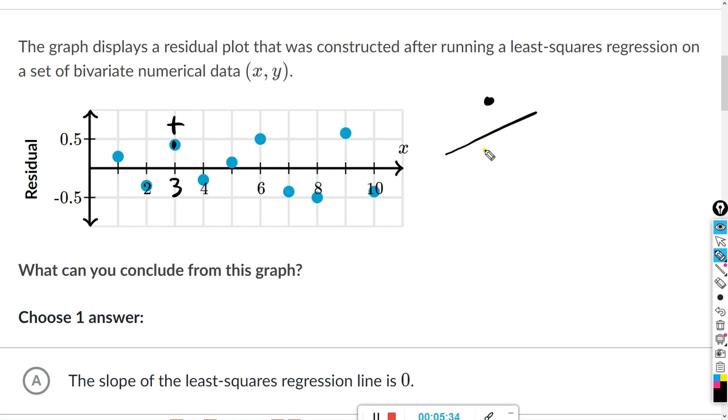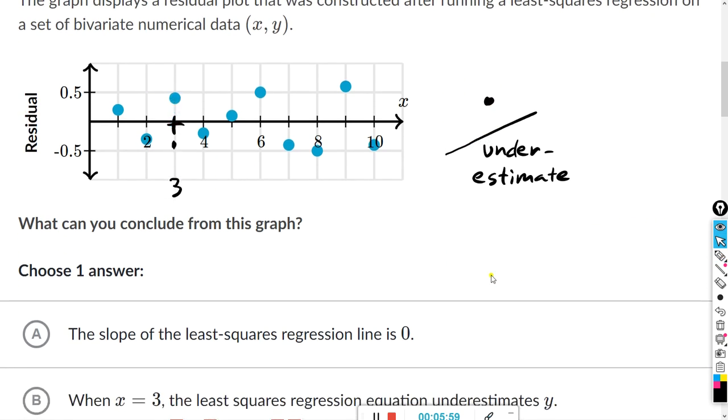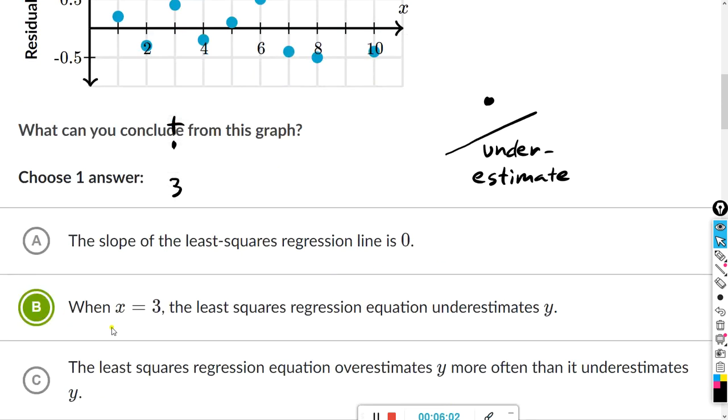That means the line underestimates, because the line is the predicted and the dot is the actual. So the predicted line underestimated the actual value at x equals 3. So answer B is correct: at x equals 3, the least squares regression line underestimates y.